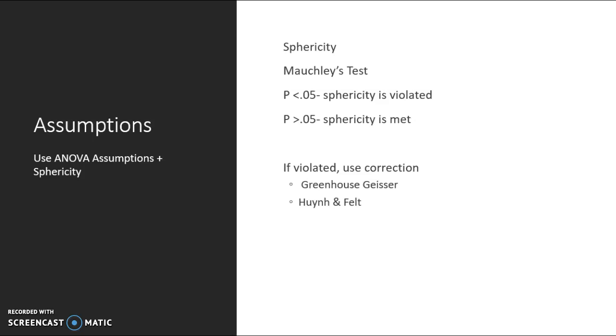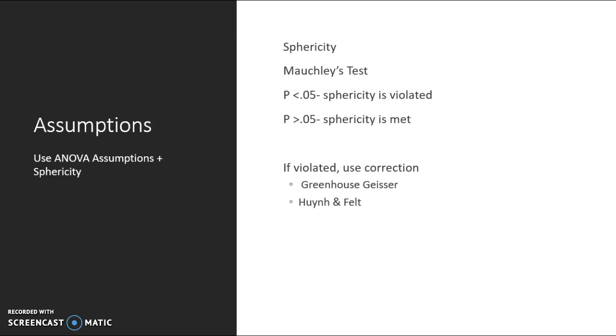So the dependency between scores is going to be the same or similar between the conditions, and that essentially means the variance of the differences of scores is all the same. We test that using Mauchly's test. If p is less than 0.05, then sphericity is violated, and if it is not significant, then sphericity is met.